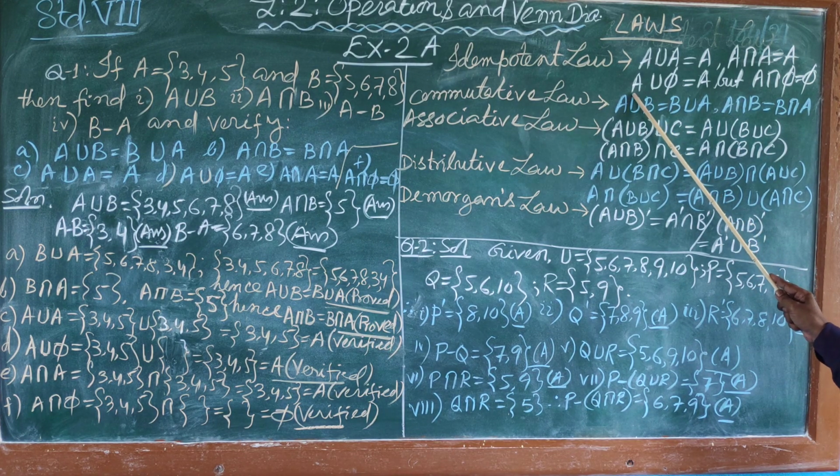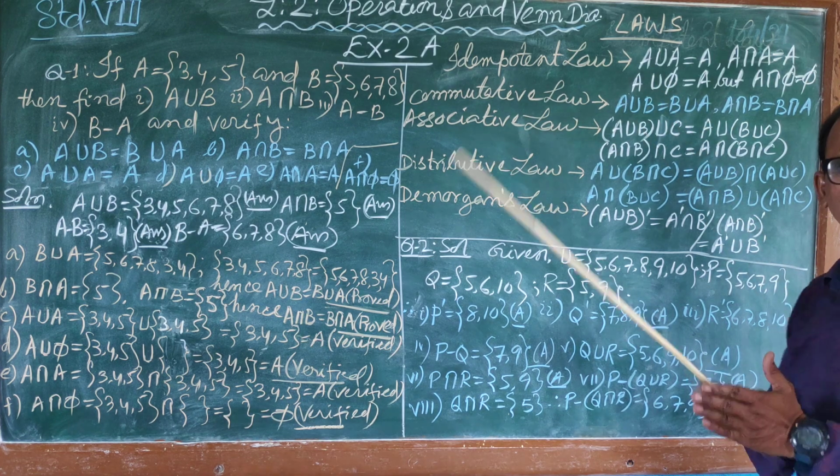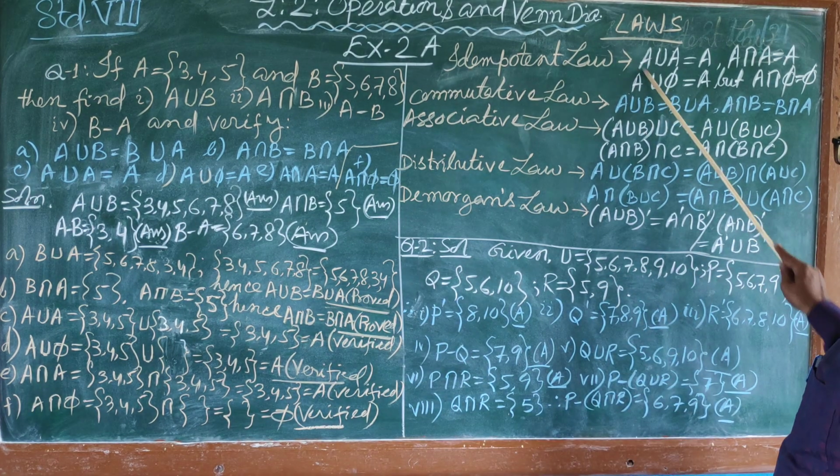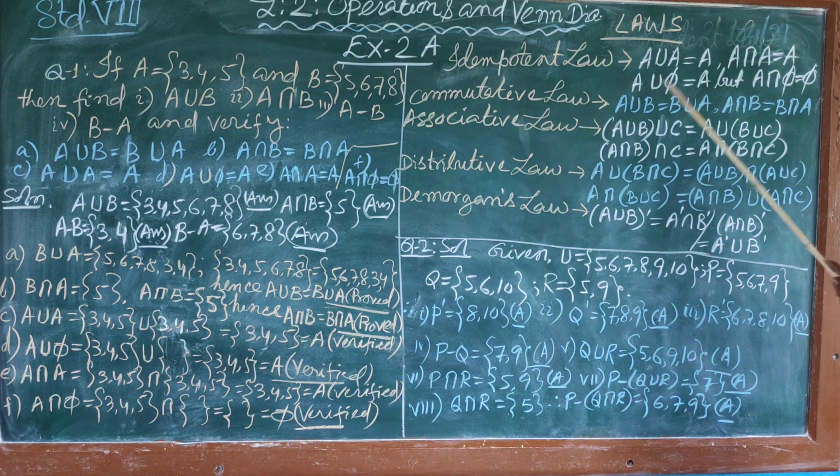See, A is a set, union with the empty set will be the set A only. Suppose set A has elements 1 and 2, then the union with the empty set gives all of set A's elements.